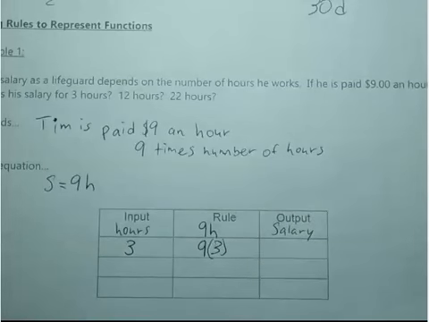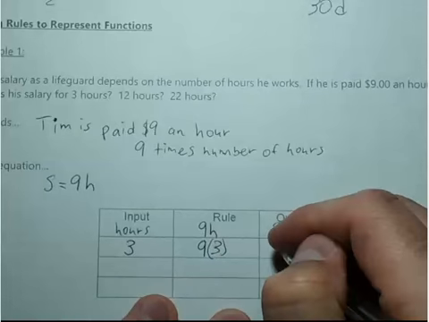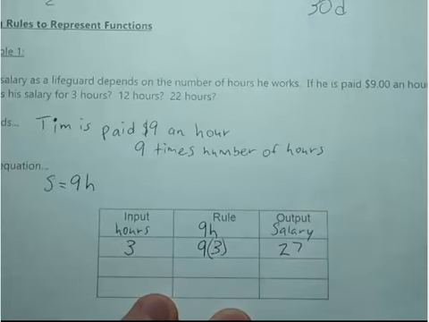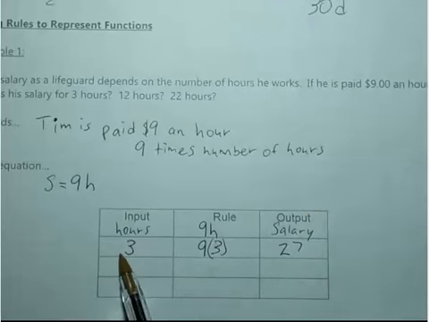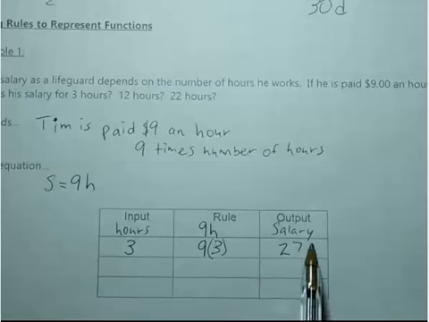Now if you remember back to substitution, whenever we're plugging a number in for a variable, we're going to use our parentheses, and that signifies multiplication. So 9 times 3 is 27. So if he's working 3 hours, getting paid $9 an hour, his salary is going to be $27.